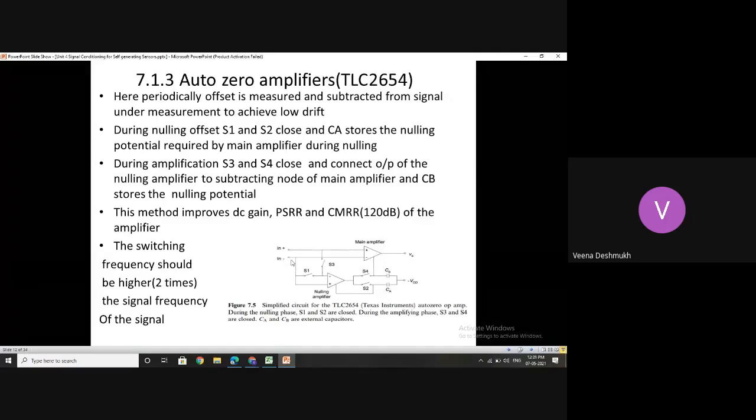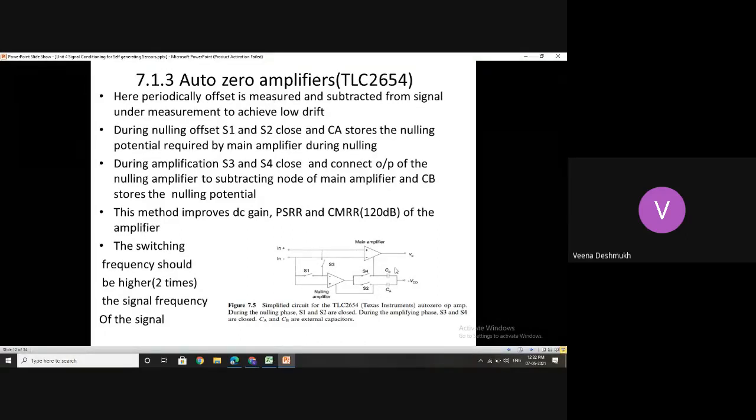And there is this inverted one which is connected to the minus terminal. Now this is the main amplifier used for amplification of the signal available here. There is another one, the nulling amplifier, which helps in reducing the offset to 0 with the help of these two pairs of switches, S1, S2, S3, S4.